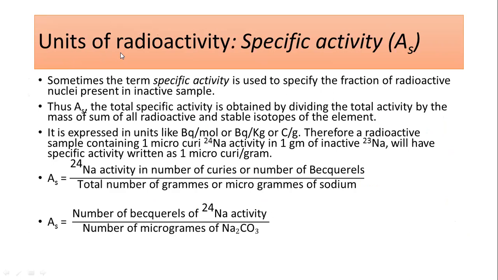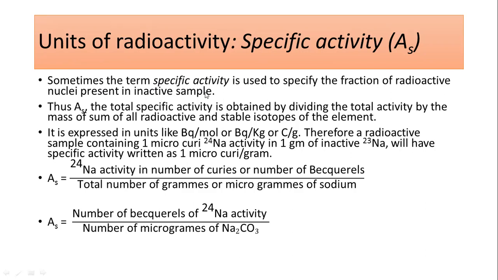This is the last one. We use the unit of radioactivity as the specific activity. That means now you are going to specify according to the weight of the sample. The specific activity is used to specify the fraction of the radioactive nuclide present in an inactive sample. What is active? Active means the radioactive sample present in inactive sample.